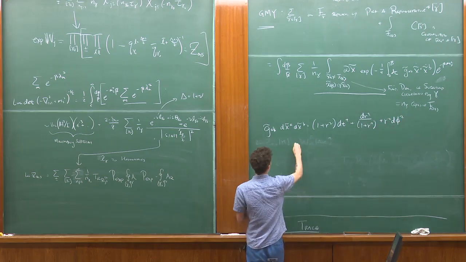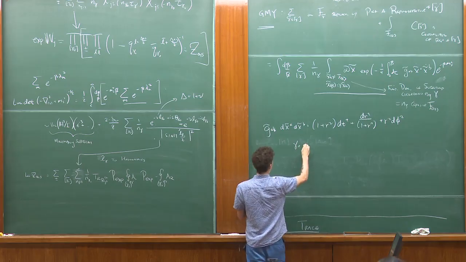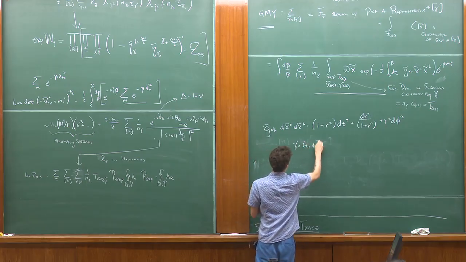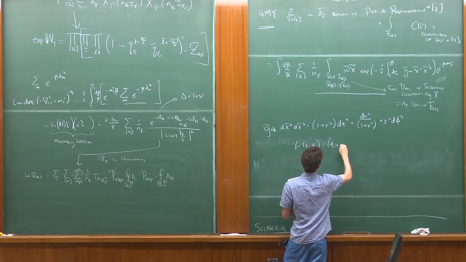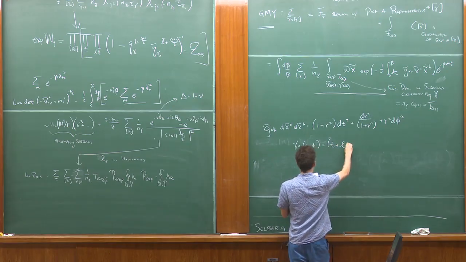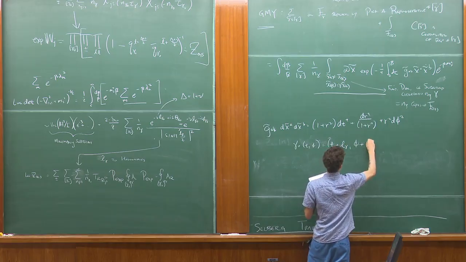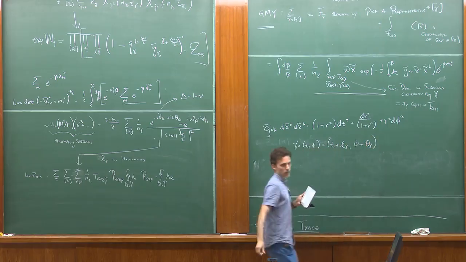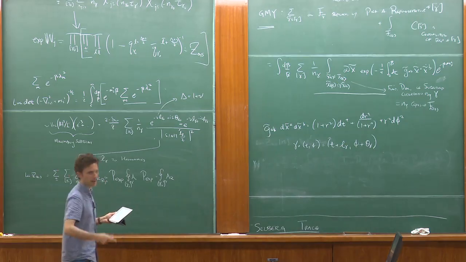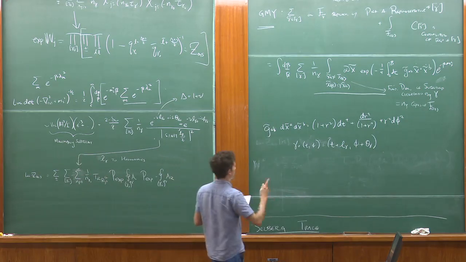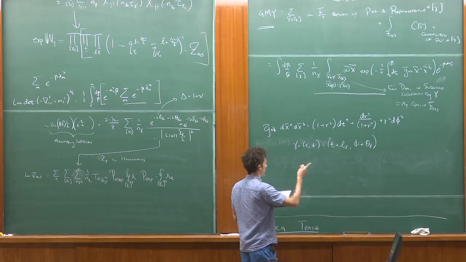And then the effect of this gamma here sends t and phi to t plus L gamma and phi to theta gamma. So the t is like keeping track of the thermal AdS time, and then the phi here is keeping track of the twist.